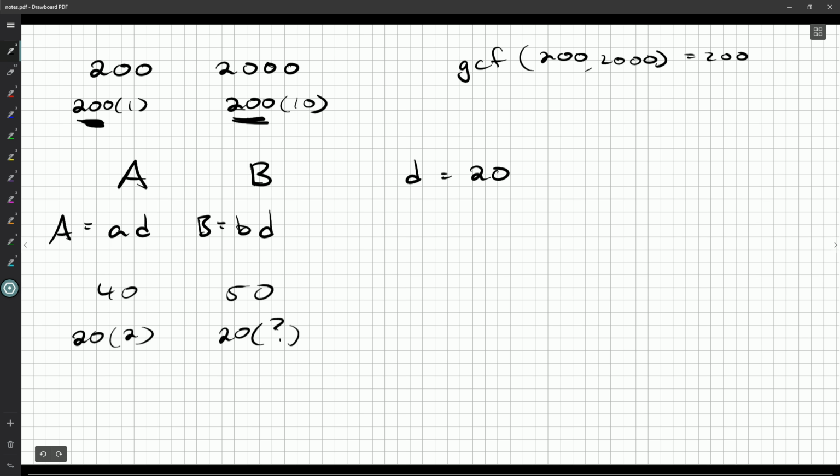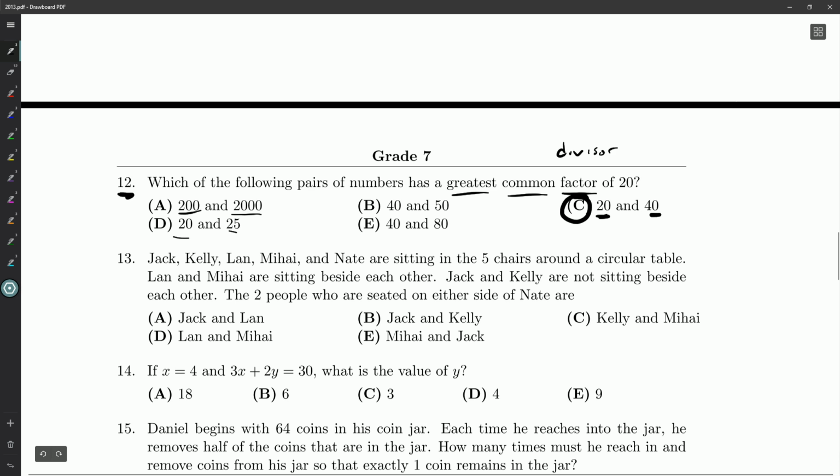And so anytime we see one of the numbers is 50, we can get rid of it. Just like down here, 25 is not a multiple of 20, so how could 20 be a factor of 25? So we know A is out, B is out, D is out. That happened pretty quickly. We're left with E and C.